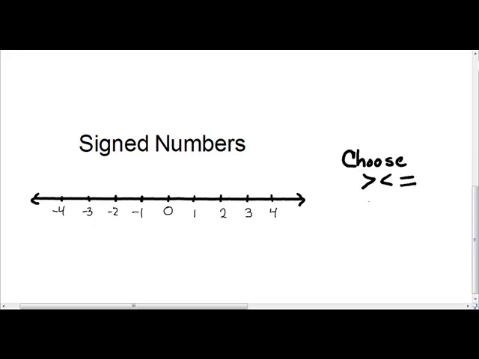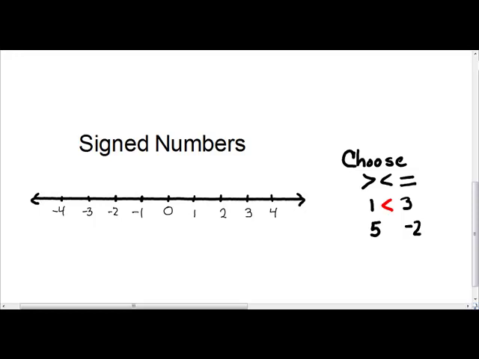If we look at 1 and 3, the 1 is more to the left of the 3, so it is going to be smaller. So we would choose the less than symbol. If we have 5 and negative 2, 5 would be over here. It is to the right of negative 2, so it is larger.